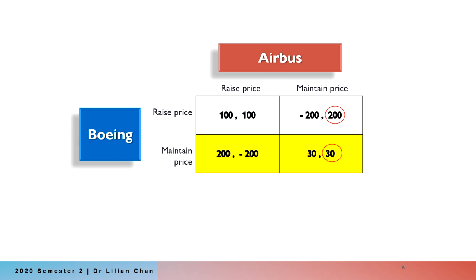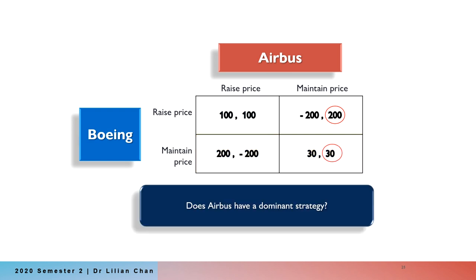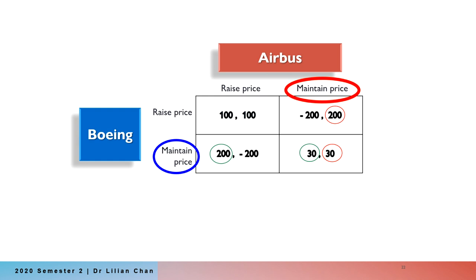Airbus should maintain its price because raising price would incur a $200 million loss for Airbus. So does Airbus have a dominant strategy? Yes. Airbus has a dominant strategy, which is to maintain its price. So in this game, both Boeing and Airbus have the same dominant strategy, which is to maintain its price for the coming year.